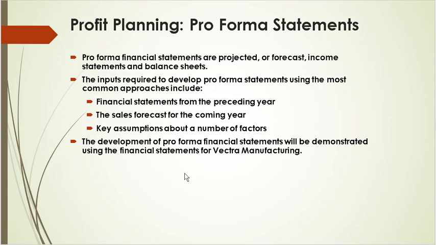We need last year's financial statements, maybe even the last couple of years' financial statements. We need a sales forecast, and we need to make some assumptions about a number of the characteristics of our business. So we're going to look at this for a company, and we'll follow through and try to explain the process as we go along.